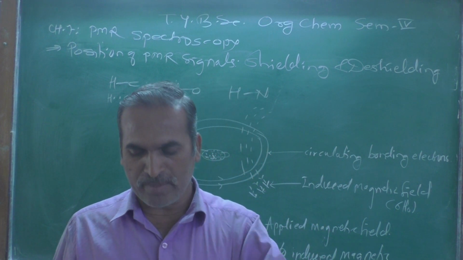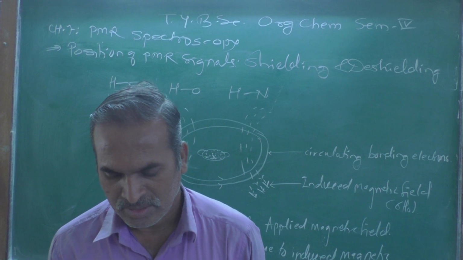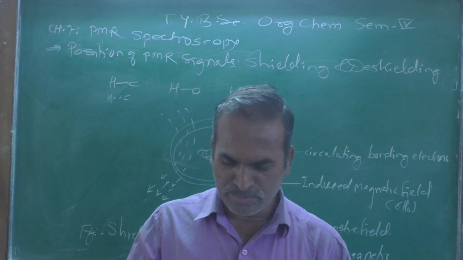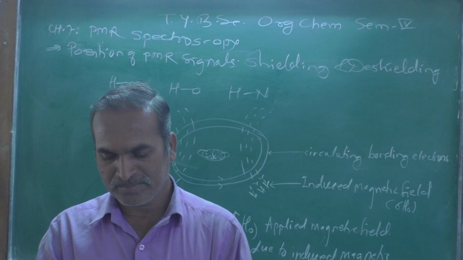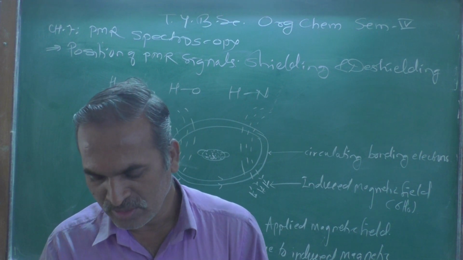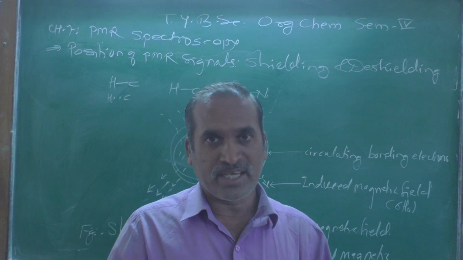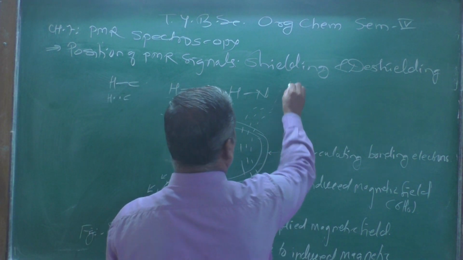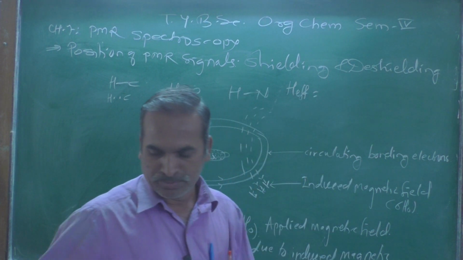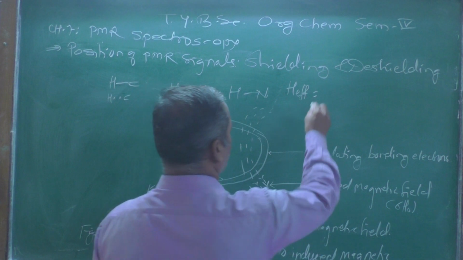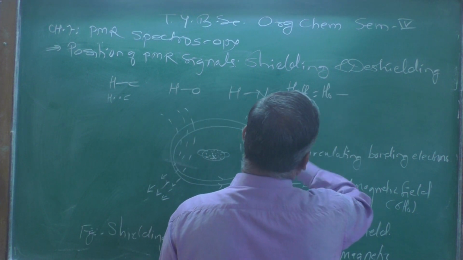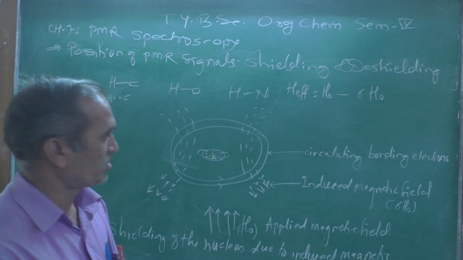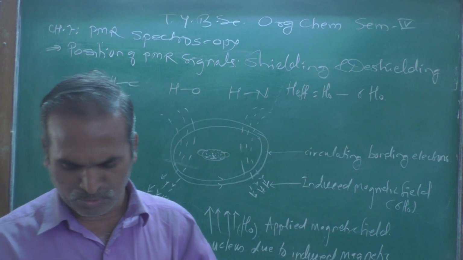As the induced magnetic field is in the opposite direction to the applied magnetic field, the magnetic field actually experienced by the nucleus, H effective, is less than H0 and is given by H effective equals H0 minus sigma H0, where H0 is the applied magnetic field and sigma H0 is the induced magnetic field shown over here.